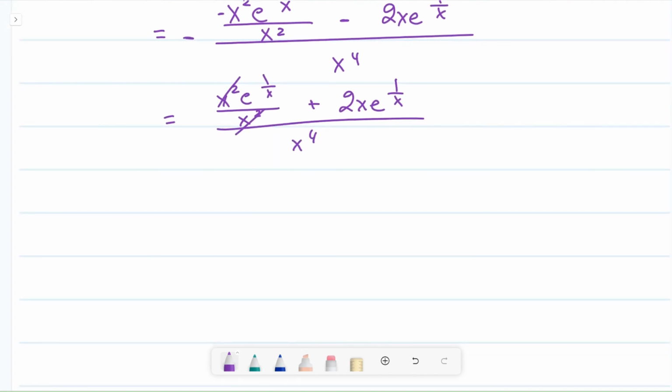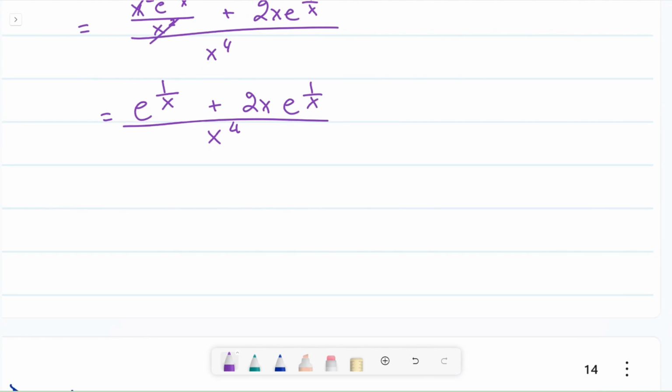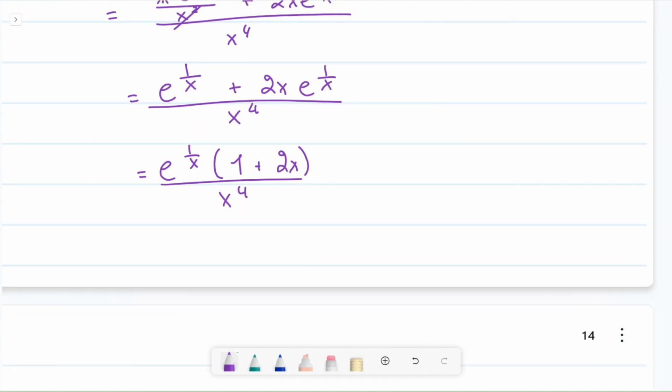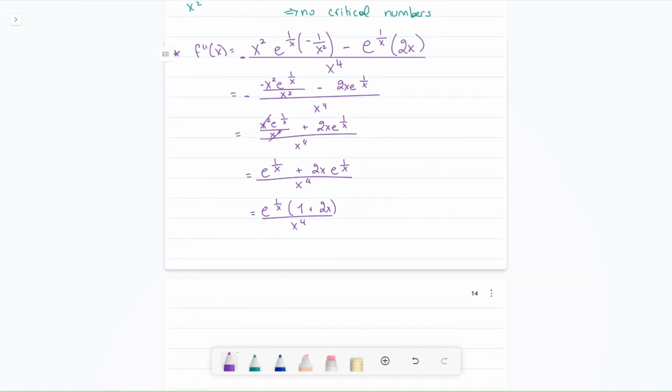X squared and x squared cancel out. So we get e to the power of 1 over x plus 2x e to the power of 1 over x, divided by x to the power 4. Now we can factor any common factors. So we factor out e to the 1 over x. We get 1 plus 2x divided by x to the power 4. And this is our simplified second derivative.